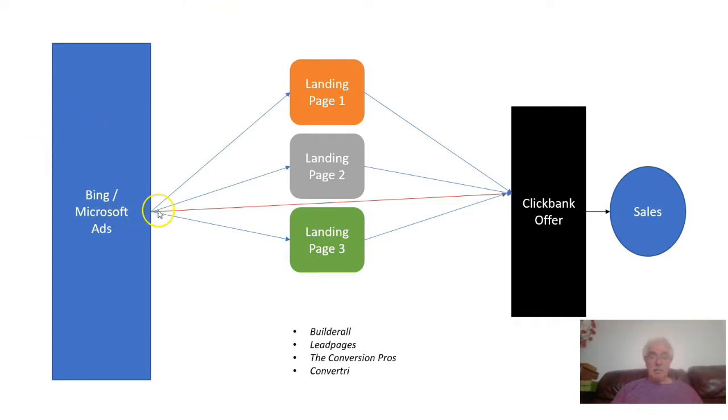You might also want to send some traffic missing a landing page, going directly to the Clickbank offer. And you want to be able to monitor all the way through that process right through to sales, because you want to know what's working that is driving those. So very simple schematic. So where does Redtrack fit in?